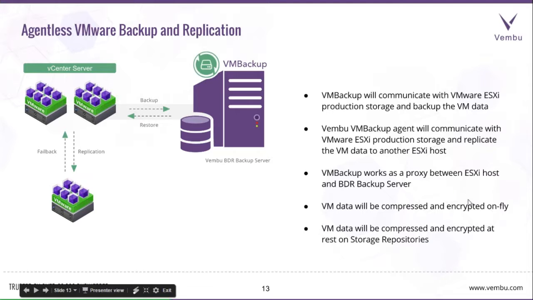Every time the backup happens, it will work as a proxy between the BDR web server and the ESXi host. Also, VM backup data will be compressed and encrypted on the fly. VM data will be compressed and encrypted at rest on the storage repositories as well.